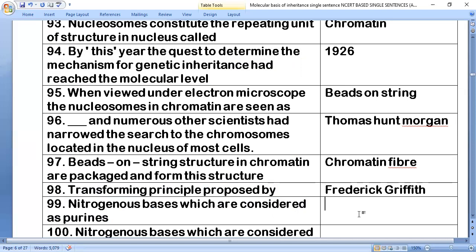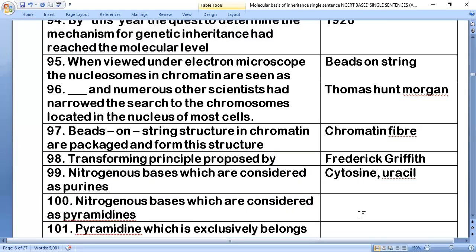Nitrogenous bases which are considered as pyrimidines: cytosine and uracil. Nitrogenous bases which are considered as purines: adenine and guanine.